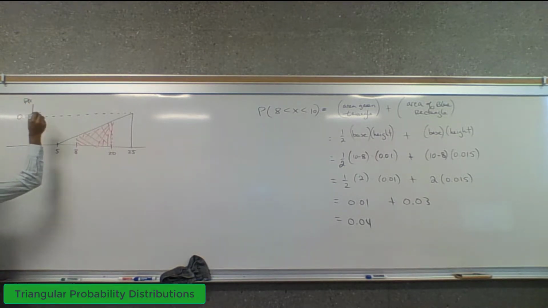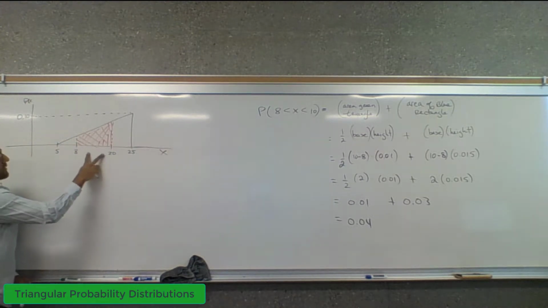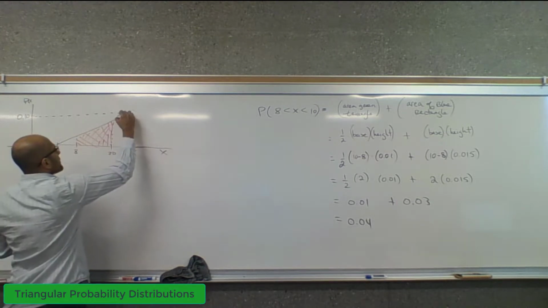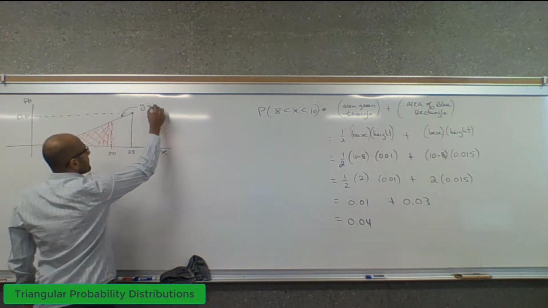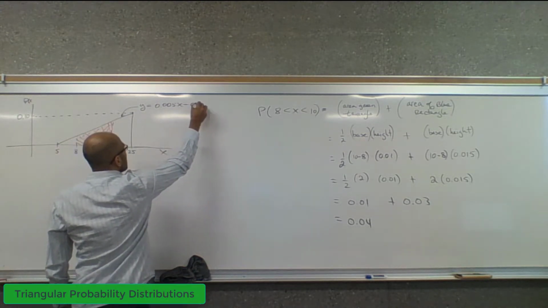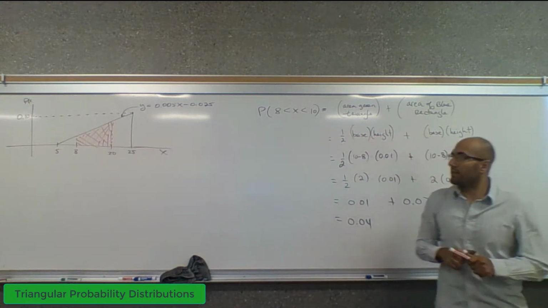This is P of x. This is x. And we want to find that probability right there. We also already know that the equation of this line is y equals 0.005x minus 0.025. We've already done all that work to find the equation of that line, so we don't have to reinvent it there.